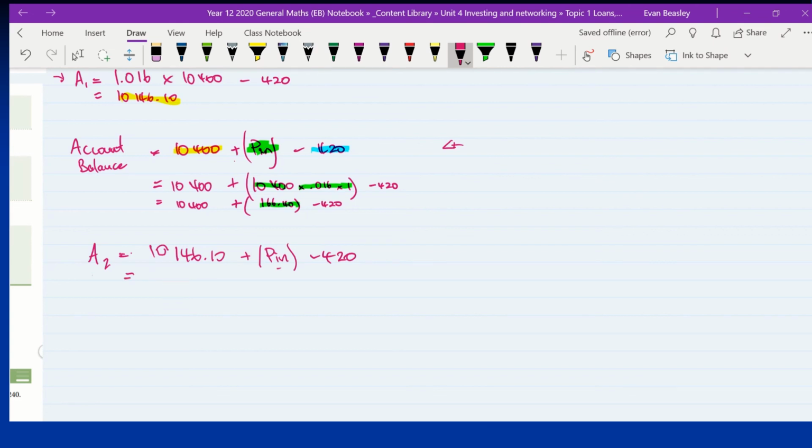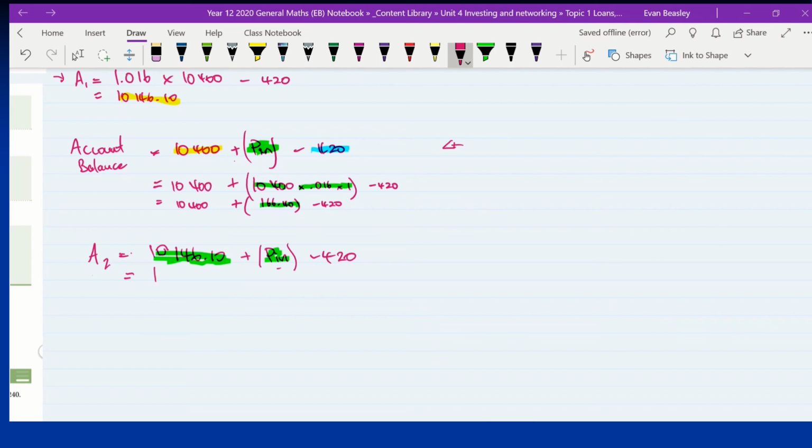And as I said, I'm really just interested in this PIN term. Now, what's interesting here is this is a reducing interest. And the point of this is to notice that this overall term is going to be reduced because the principal has been reduced. That's the principal. Okay, so let's do our calculation.